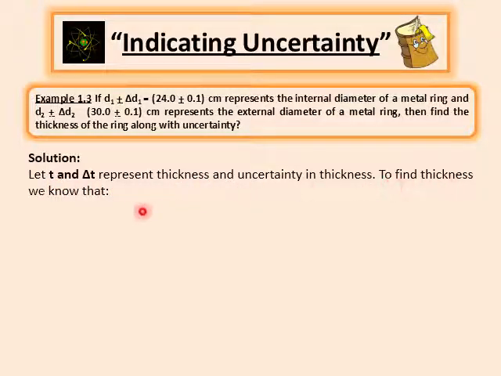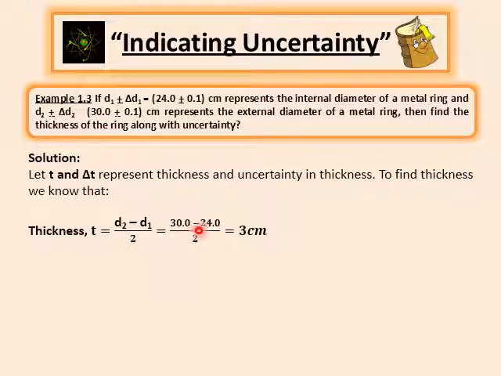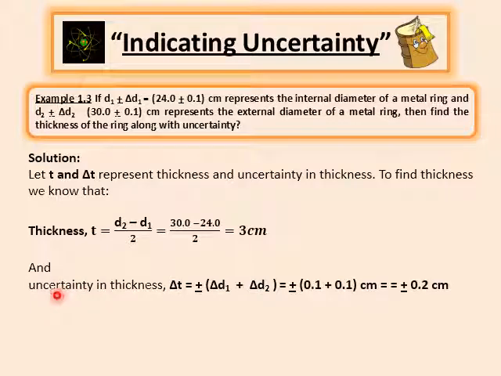To find the thickness, we know that the thickness T is equal to d2 minus d1 divided by 2. Now by putting the values, 30.0 minus 24.0 divided by 2, we get 3 centimeters. Now this is the value of T, and here we are going to find delta T, which is the uncertainty. Uncertainty in thickness, delta T, is equal to plus minus delta d1 plus delta d2.